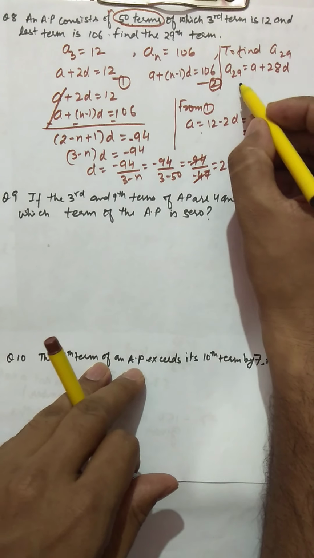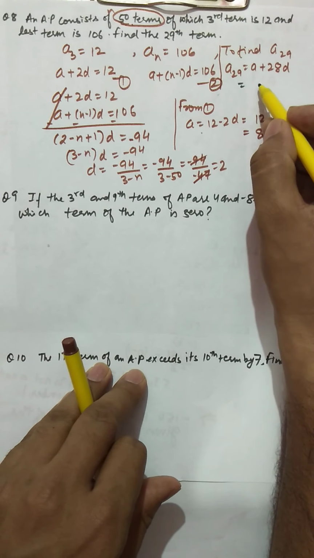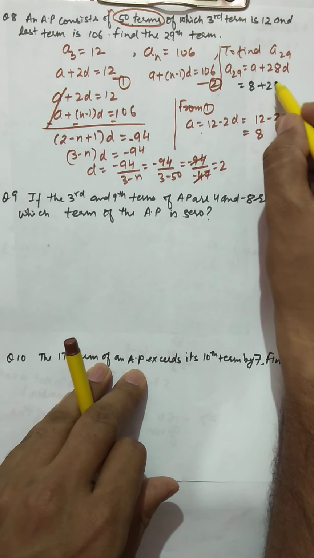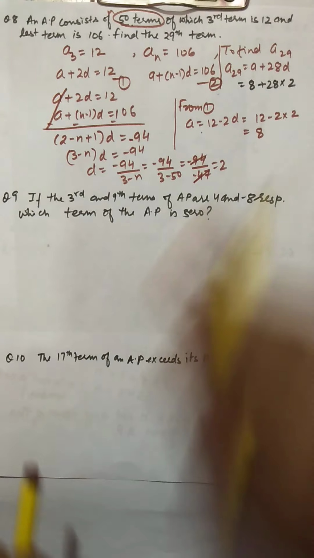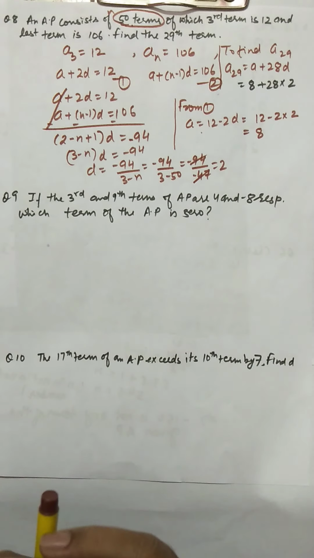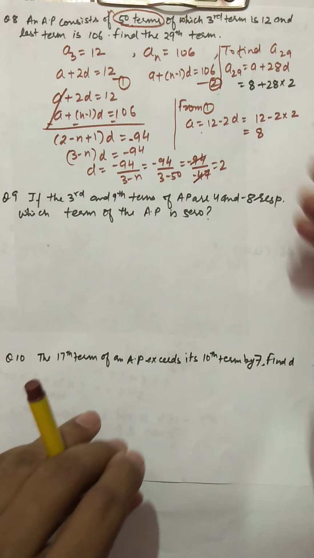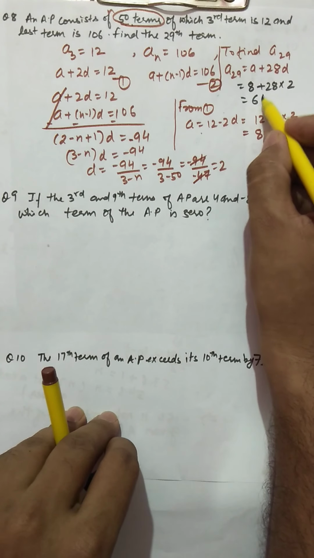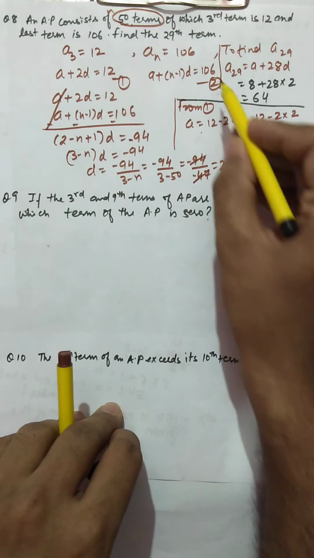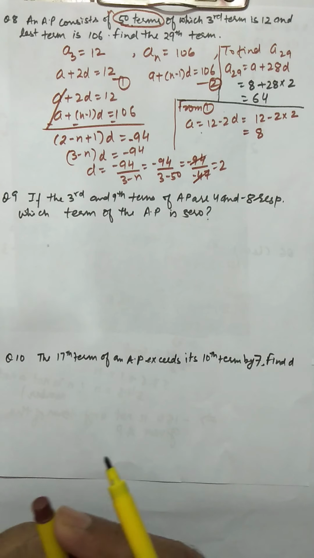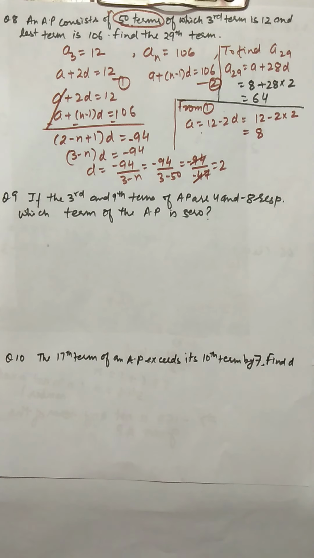So a29 will be a is 8 and 28 into d is 2. So this is 56 plus 8, 64. So a29 is going to be 64, and this is your final answer, that a29 is 64.